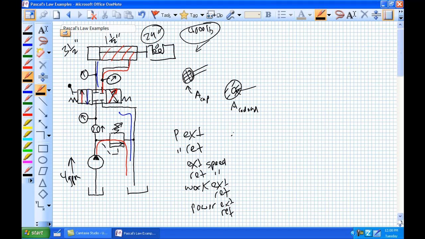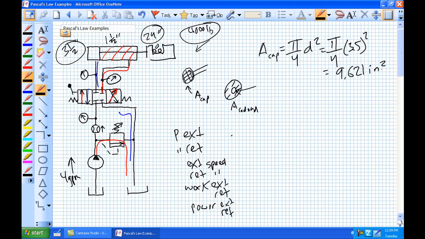Okay, so for pressure at extension, we're going to figure out the area of that cap end. I said it's a 3.5 inch barrel. So the area of the cap, let's just do the formula: pi over 4 times D squared. When D is 3.5, pi over 4 times 3.5 inches squared should give us an area of 9.621 inches squared.